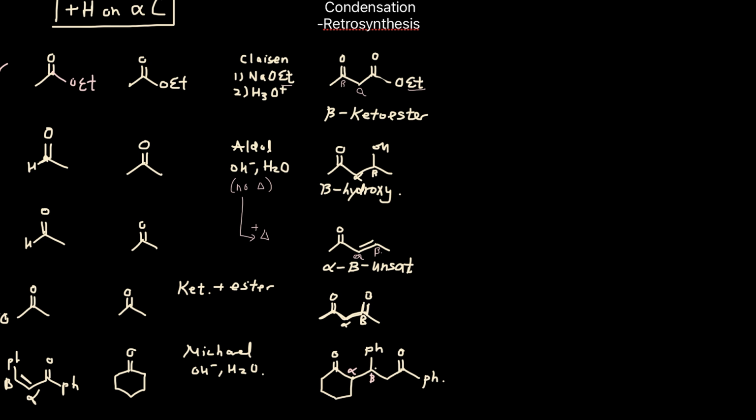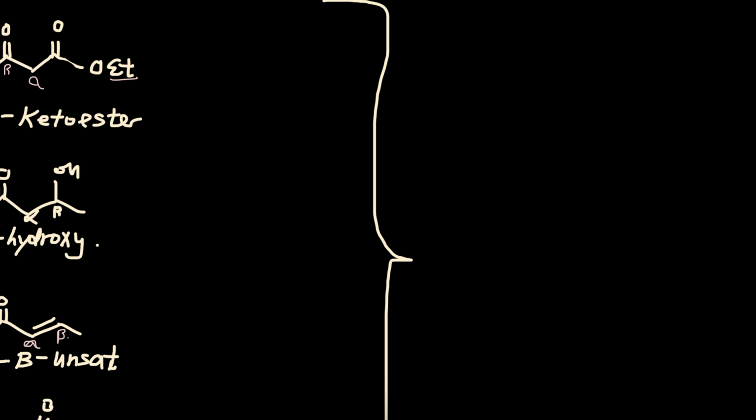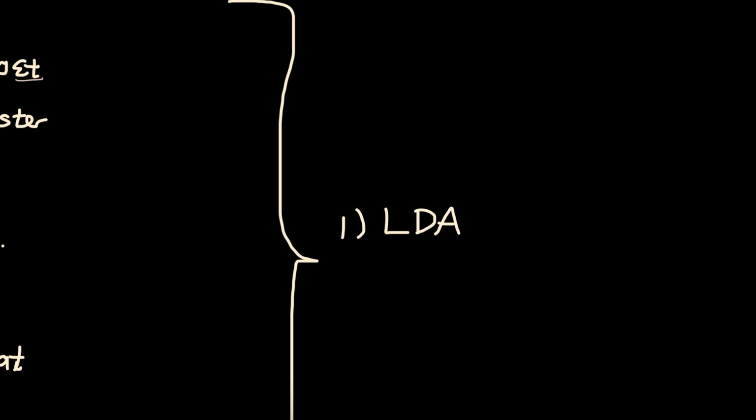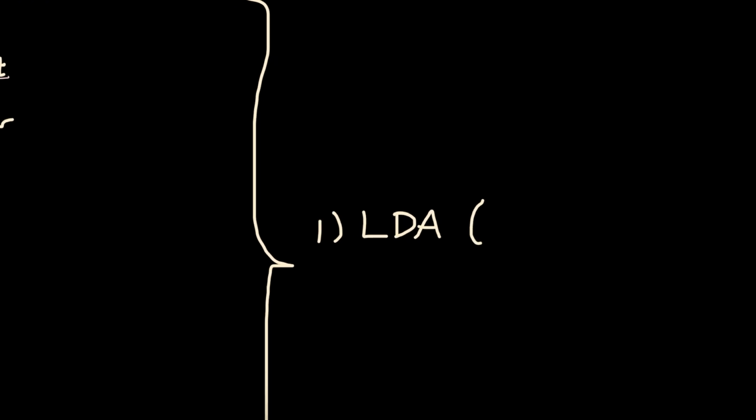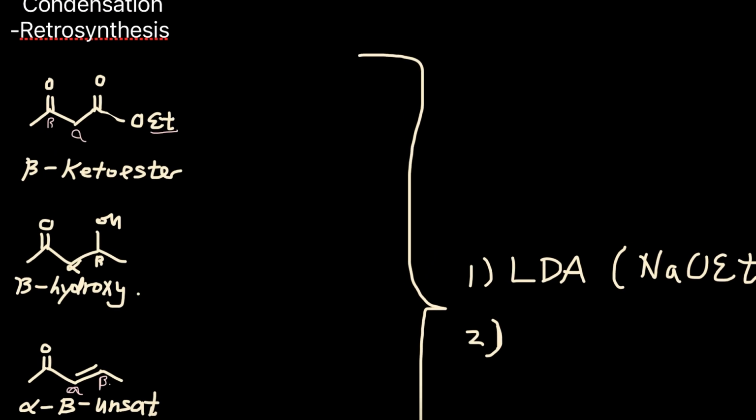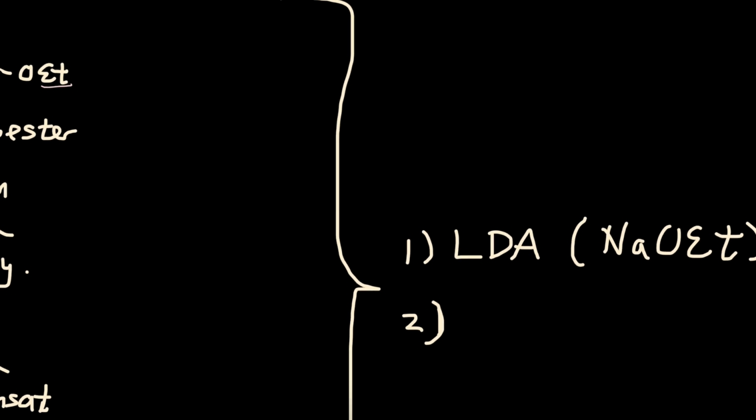But now with these special dicarbonyls, they can undergo further reactions as well. So for all of these, they have one thing in common, is that they all have an alpha carbon. And that alpha carbon can be deprotonated via LDA and THF at -78 degrees, or if you're dealing with esters, such as beta-keto esters or diethyl malonates, you should use NaOEt as a deprotonating source. Once you deprotonate these alpha carbons, which will put a negative charge here, they can undergo SN2 reactions with alkyl halides.